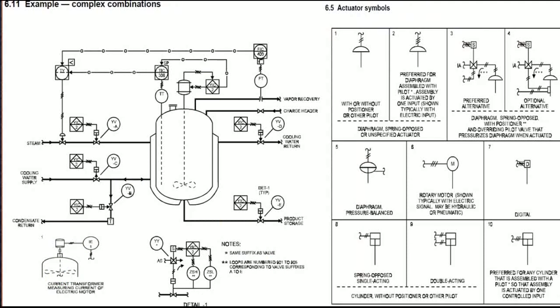So let us come with the actuator symbols. Your actuator symbols are these, as you can see here. This is a cylinder. So 1, 2, 3, 4, 5. You have 5 actuators here. These symbols are prepared for any cylinder that is operated with a pilot, so that the assembly is activated by one control input.